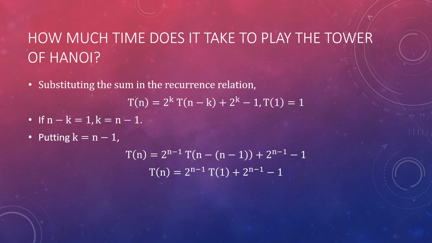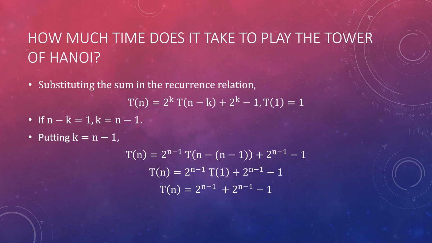So everything in the bracket of T becomes equal to 1, which we can substitute by 1. And we are left with this equation. Tn is 2 to the power n minus 1 plus 2 to the power n minus 1 minus 1.